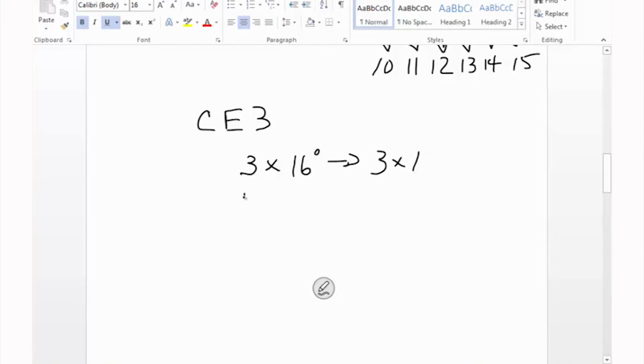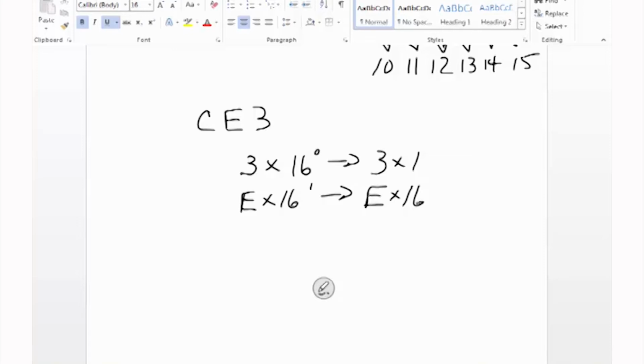So the next one is going to be E times 16 to the 1, which is going to be E times 16. Well, what does that mean? We're going to take the decimal value for E, and we're going to use it in this calculation. That's going to be 14 times 16. And that gives us the value 224 in decimal.